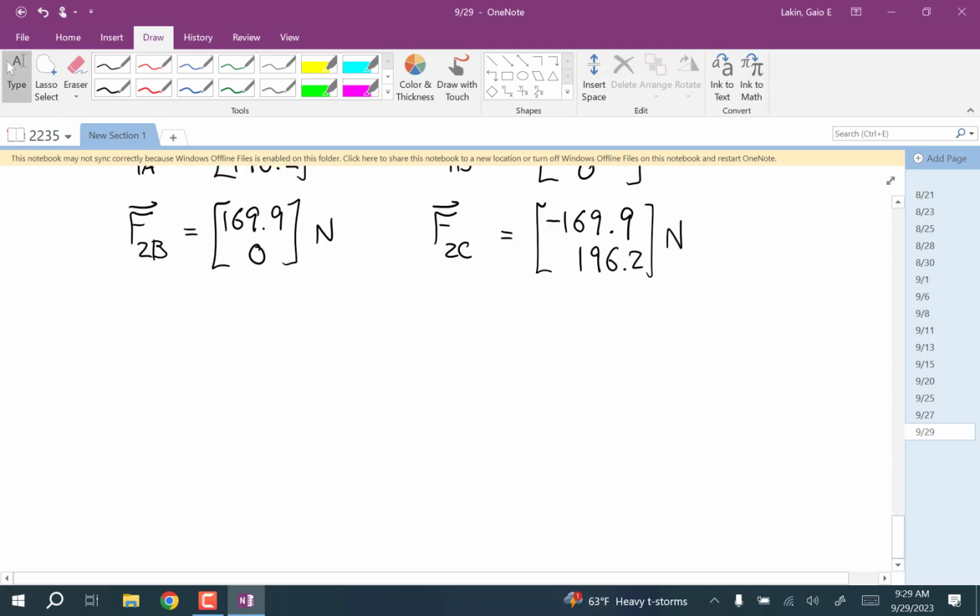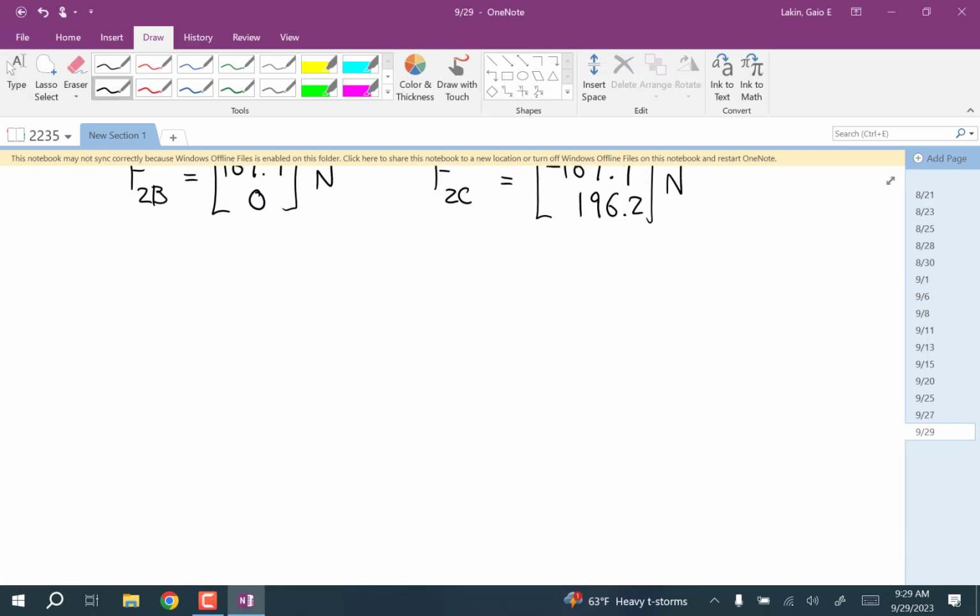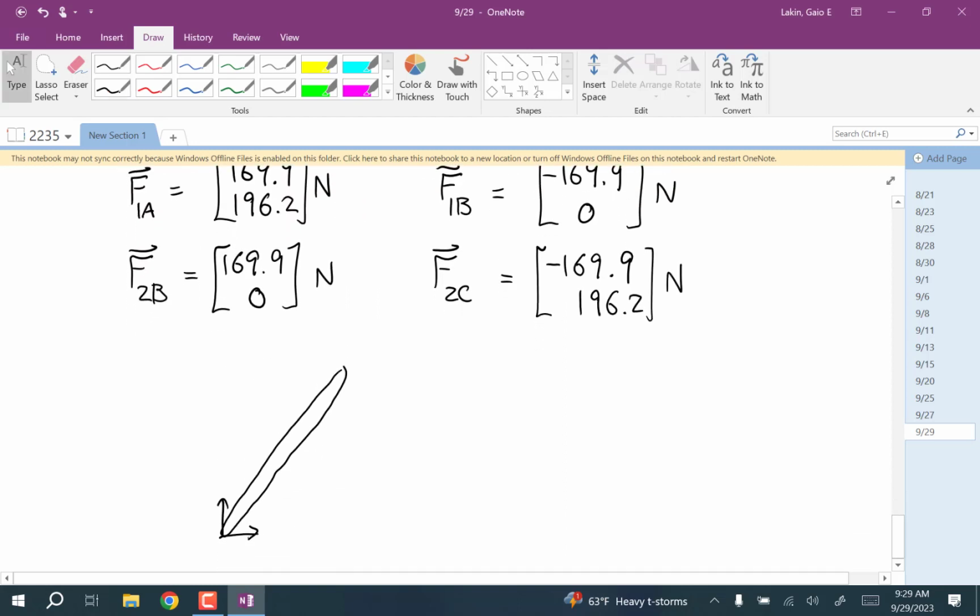Okay, so what this says is you have a force vector down here on this member of, well, let me draw the directions too.